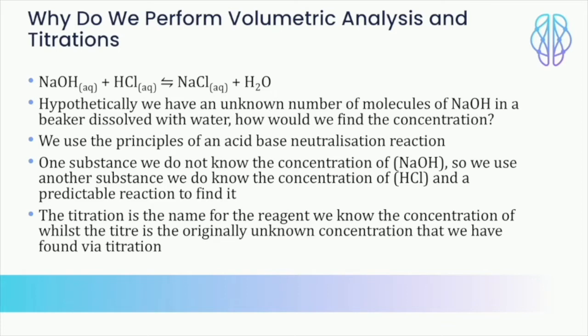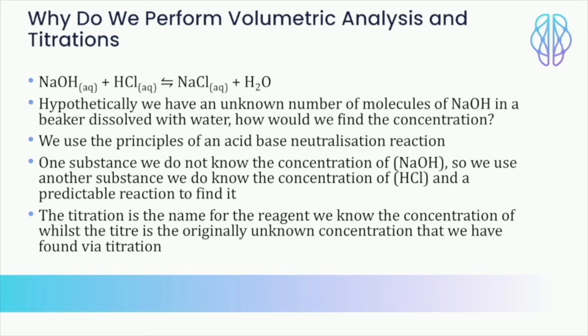Now, although we don't know the concentration of sodium hydroxide in this beaker that I've given you, we can work up a precise volume of hydrochloric acid that we know the concentration of. In our videos on how to perform titrations, we'll take you through how to do all of this, but just follow me for now for argument's sake so you understand why you're actually doing it.